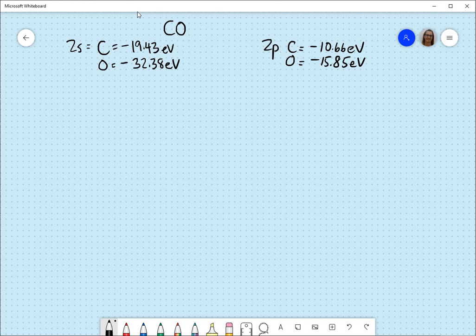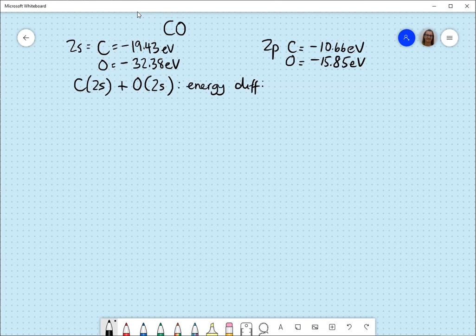Okay, so now what do we need to do? We need to look at the interaction. So we're going to say, okay, carbon 2s orbital, can it overlap with the oxygen 2s orbital? We can establish if there's an energy difference. Let's calculate that.